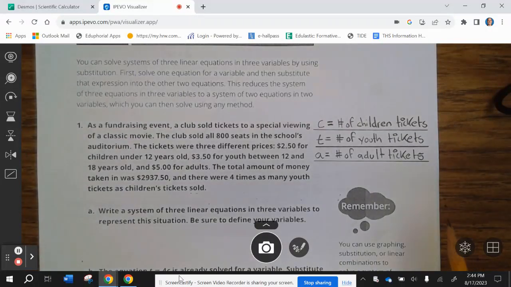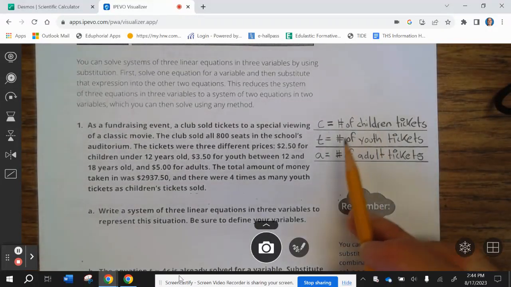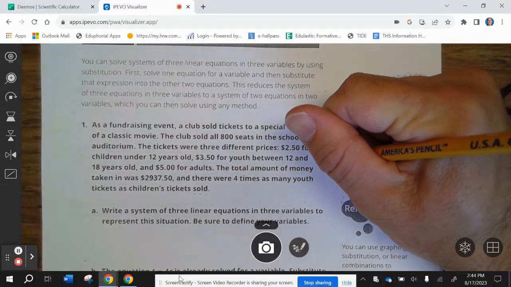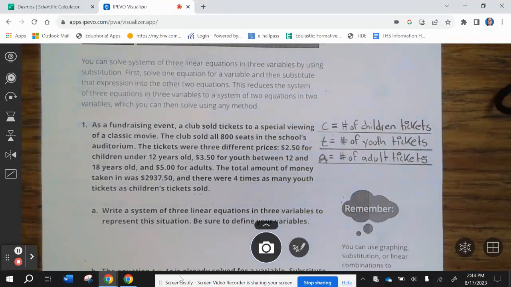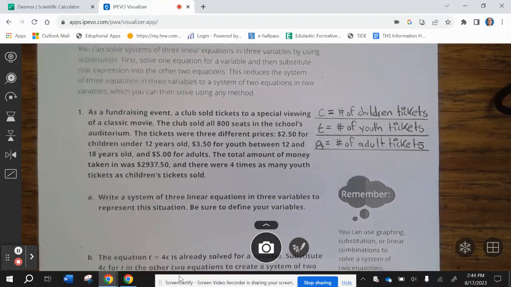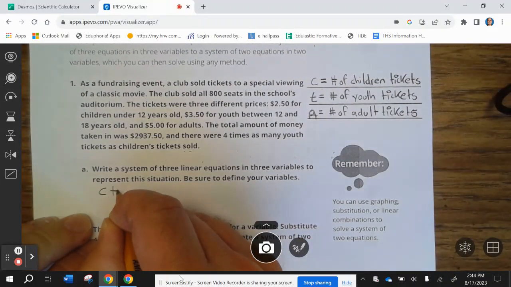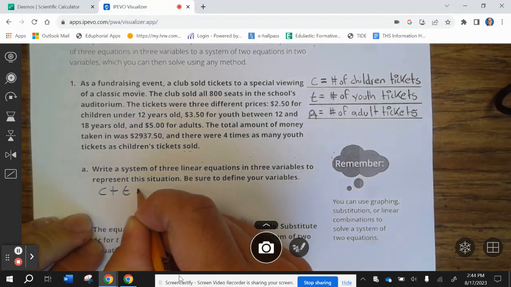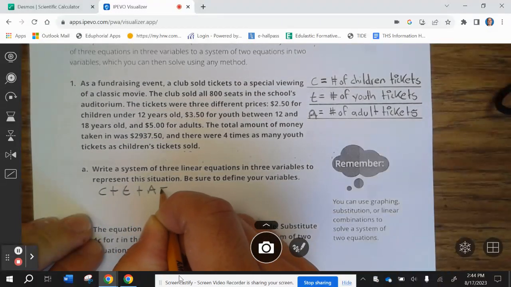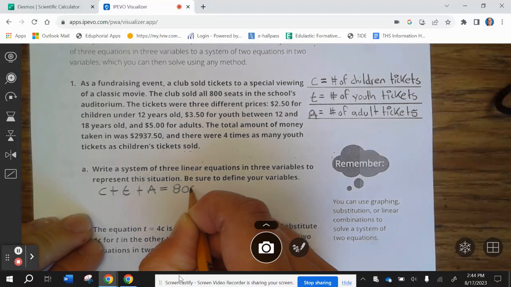So first off, C is children's tickets, T is youth tickets, and I'm going to make adults a capital A, the number of adult tickets, okay? So our first equation is C plus T plus A equals 800. And then money.